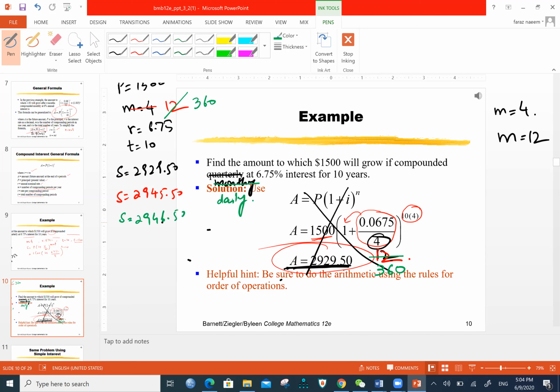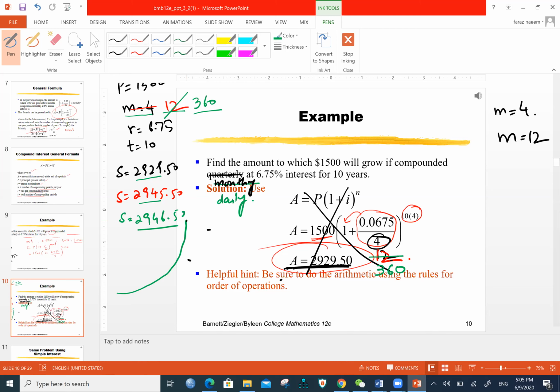It is increasing, but only slightly. When M was 4, it was 29.29. When M was 12, it was 29.45. When M was 365, it is 29.46. It is increasing, but slightly, like this. Understand?